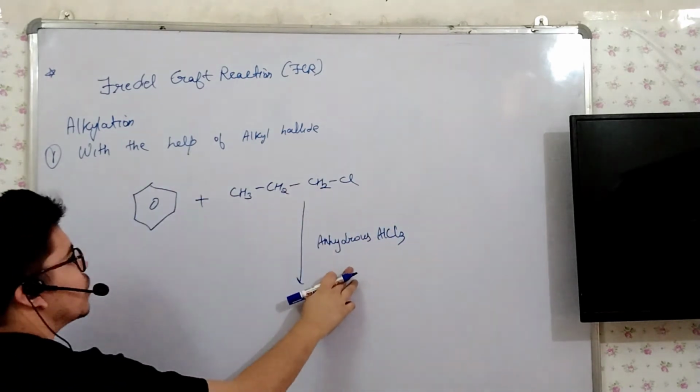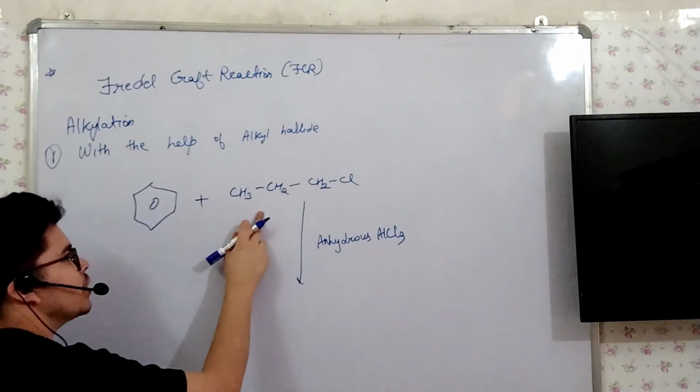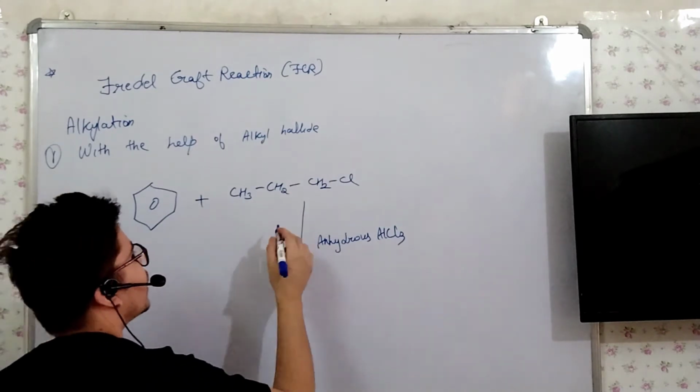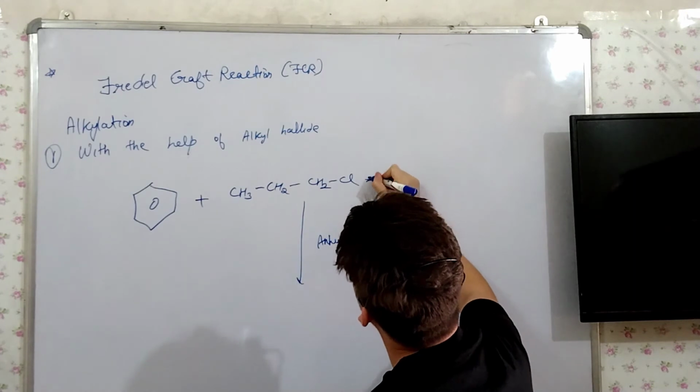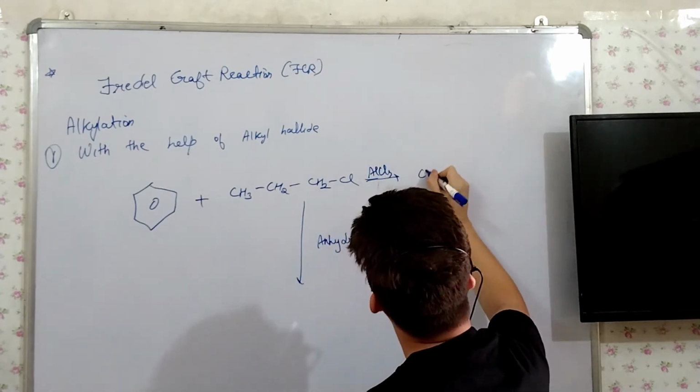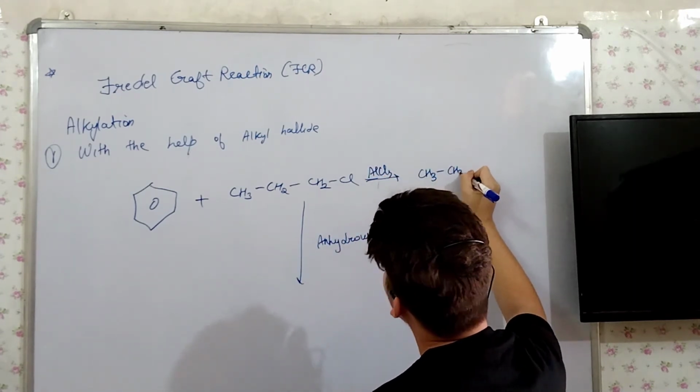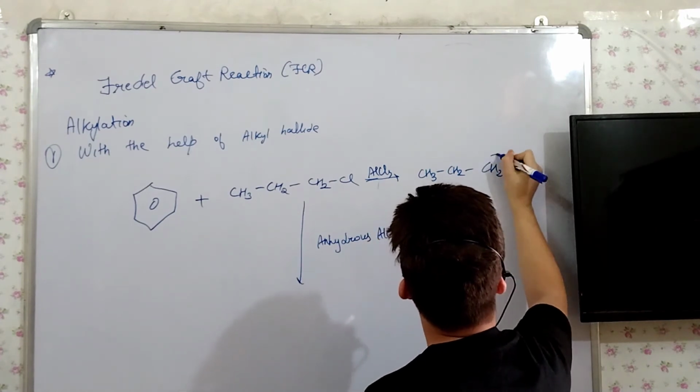As this is a Lewis acid, we know that in the presence of Lewis acid a carbocation is formed. So in the presence of AlCl3, we will get CH3CH2CH2 plus.